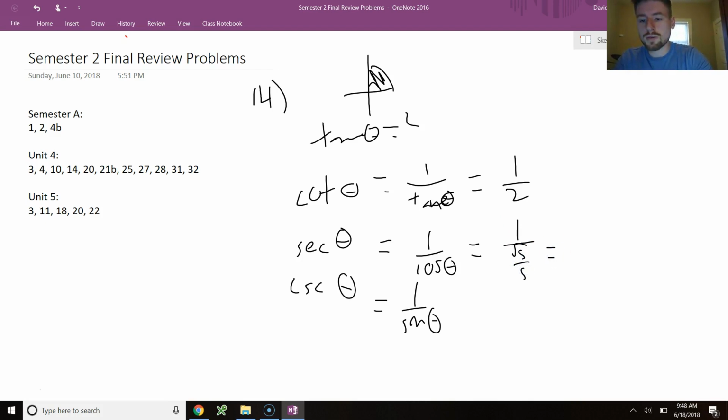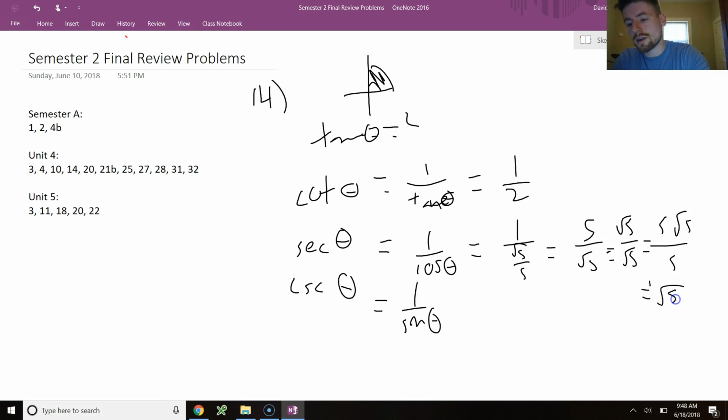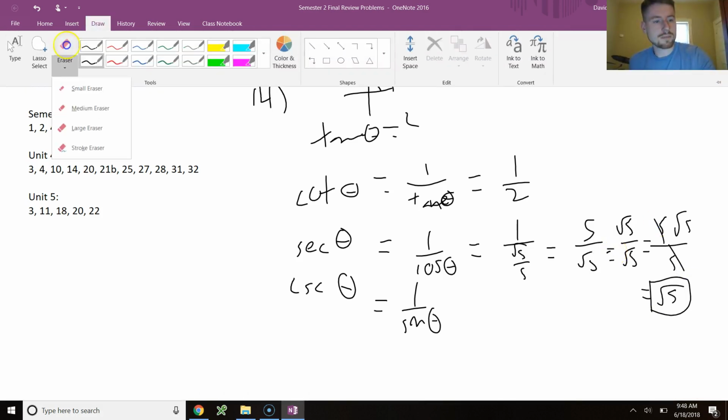And so that would be equal to 5 divided by root 5, which you could simplify, multiply the top and bottom by root 5, and you get 5 root 5 over 5, which is square root of 5. So that's the secant of theta. Hold on, let me fix that.